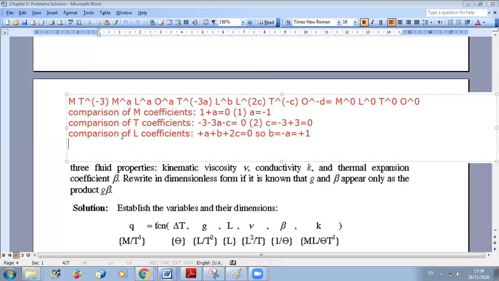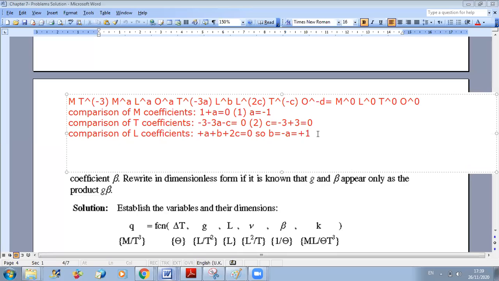Now to find D, we will compare coefficients of theta. So now, comparison of theta coefficient. Now for theta, what do we have? We have here theta to the power A, so it's A. Minus A, let me check.